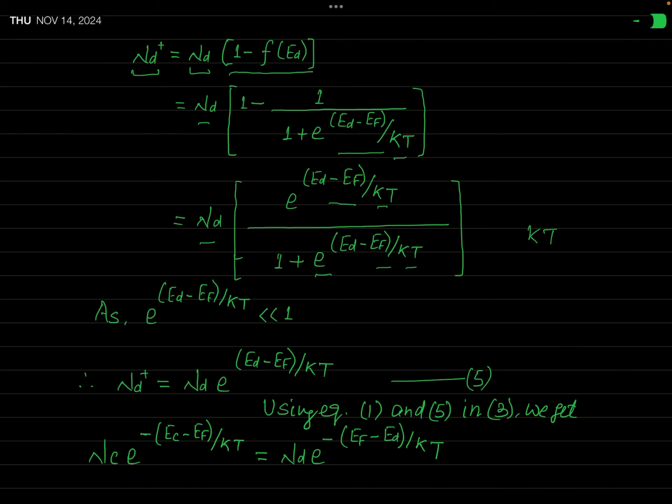So the exponential factor e raised to the power Ed minus Ef over Kt is much smaller than 1, and we can neglect it. Therefore Nd plus, the concentration of donor ions, is given as Nd times e raised to the power Ed minus Ef over Kt. In this way we have calculated the concentration of ionized donor atoms in the donor level.